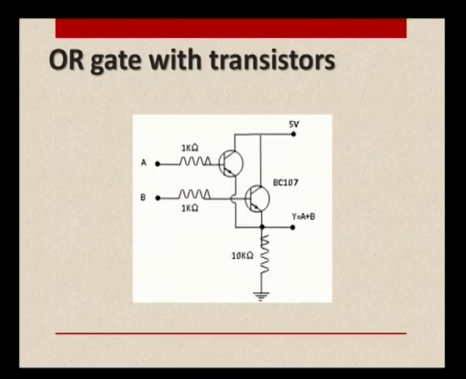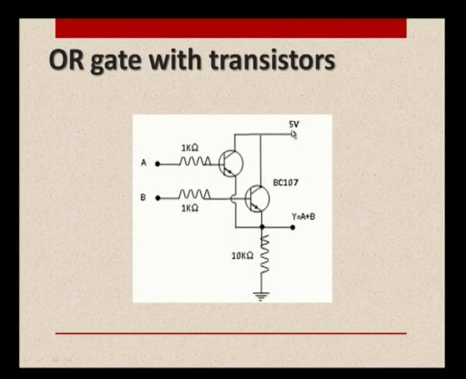What are the components used for the designing of each circuit? This is a circuit showing the OR gate with the help of only transistors. These two transistors are acting as the diodes which we used in the case of the OR gate design with diodes.